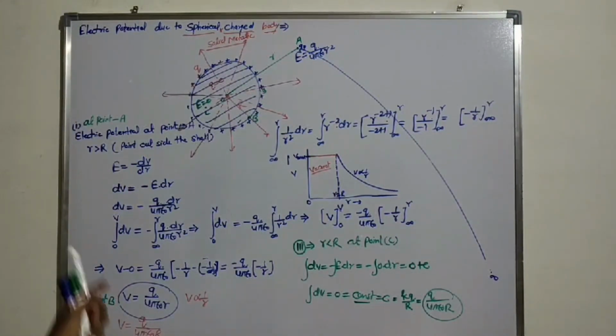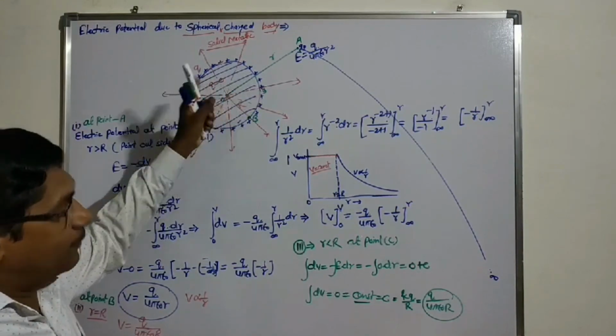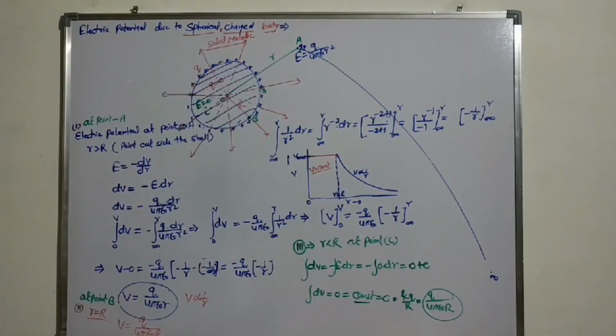The whole expression is equivalent to the spherical shell, but one reason can be given here. When we provide charge to a solid metallic sphere, the charge moves outside to the surface due to the drift velocity of electrons.